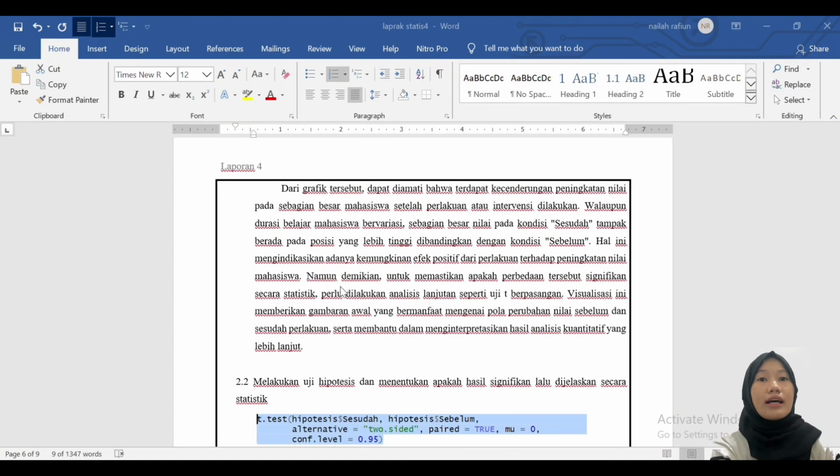However, to ascertain whether the difference is statistically significant, further analysis such as a paired t-test is required. This visualization provides a useful initial picture of the pattern of change in grades before and after treatment, and helps in interpreting the result of further quantitative analysis.